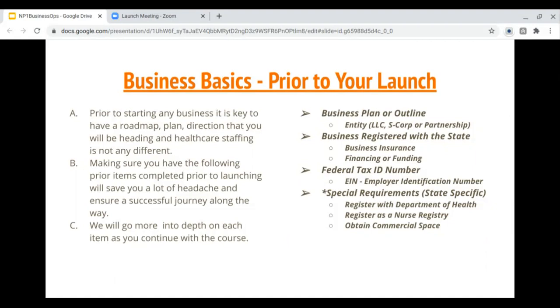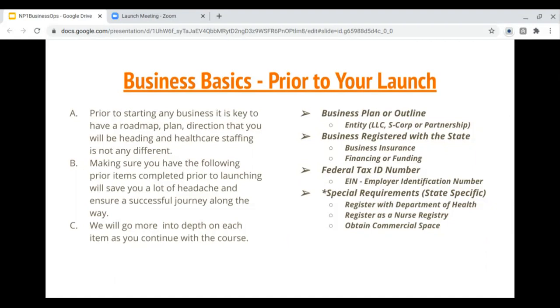And then there are, I think it's just one or two states that require that you obtain commercial space. And in Louisiana, you do have to have a commercial space in order to open up your agency. So those are some things to consider.